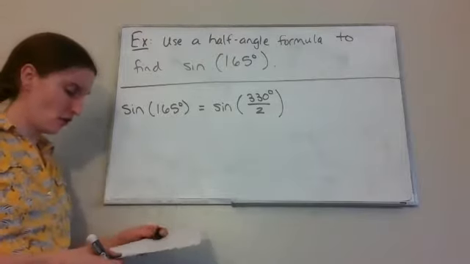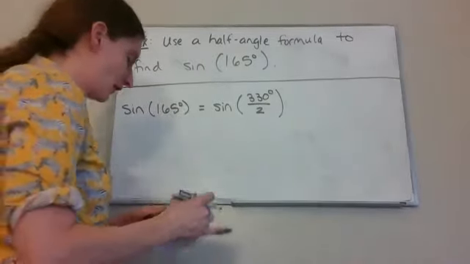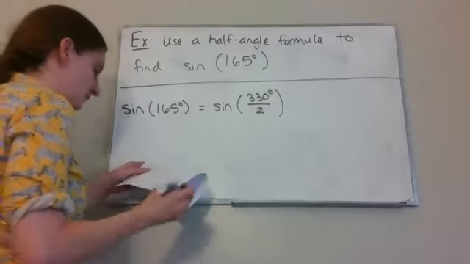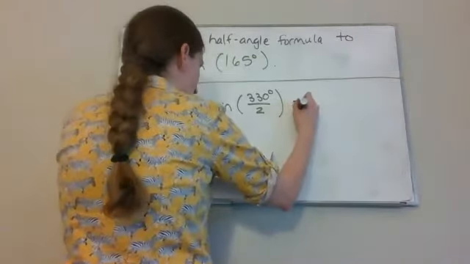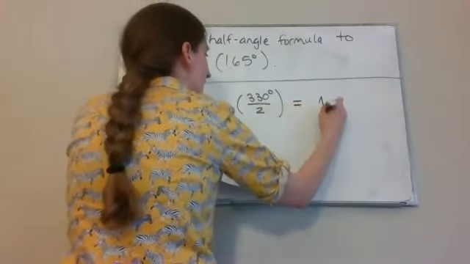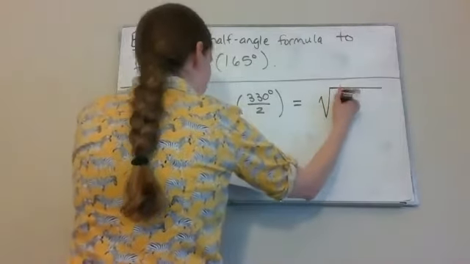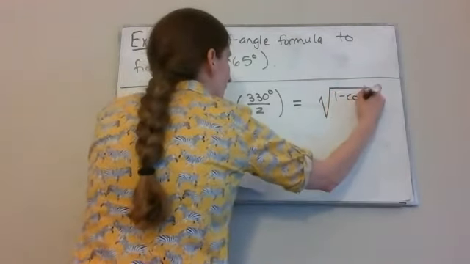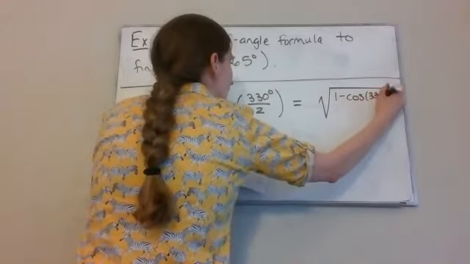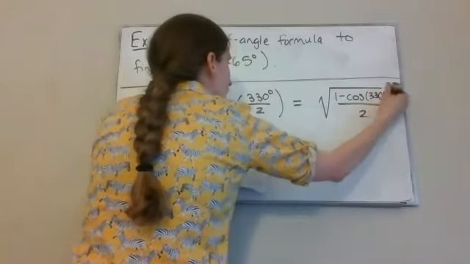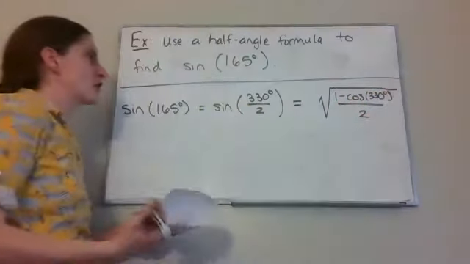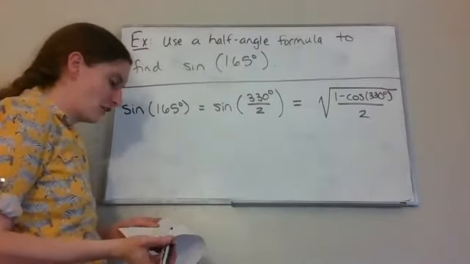And I know that 330 degrees is on my unit circle. So using my formula, this is going to be a square root of a 1 minus a cosine of 330 degrees over 2. Now we just have to determine, is it positive or negative?